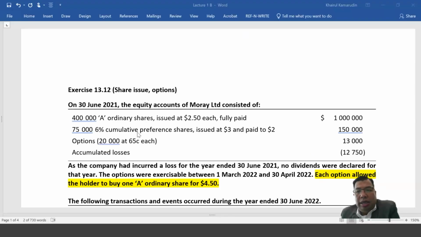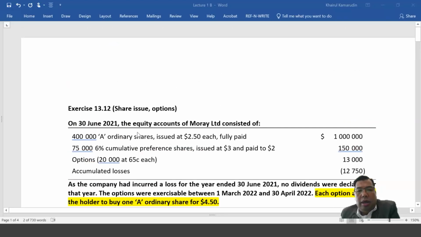So let us read this question. On 30th June 2021, the equity of Moray Limited consisted of 400,000 type A ordinary shares issued at $250 each, fully paid.